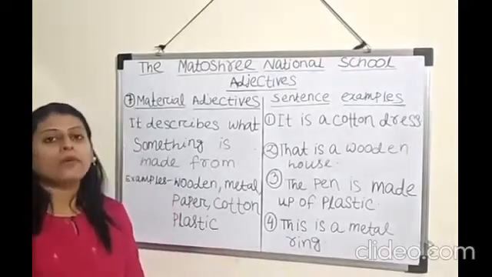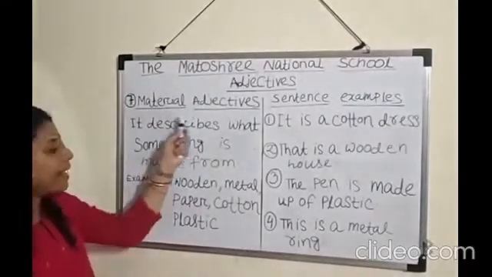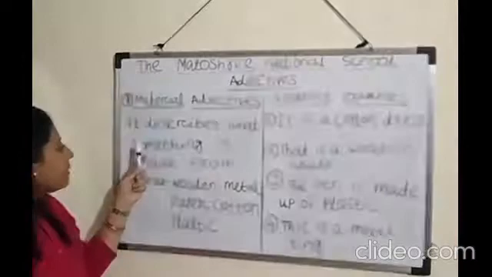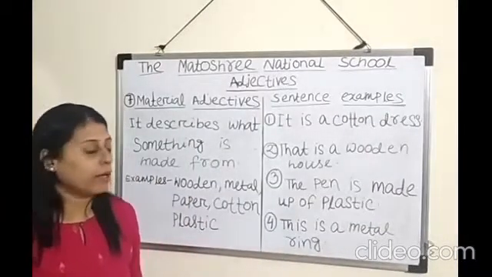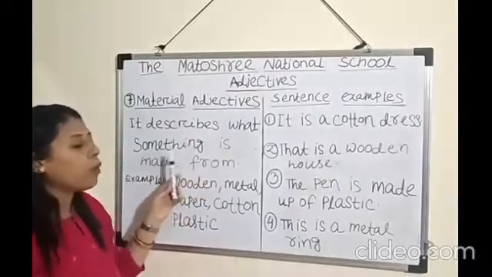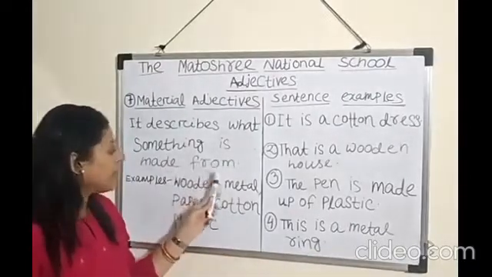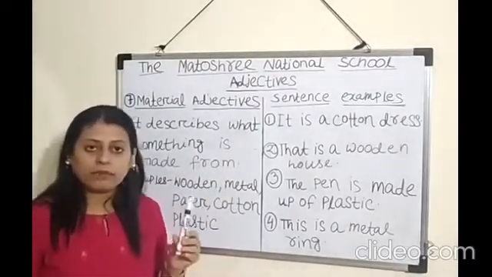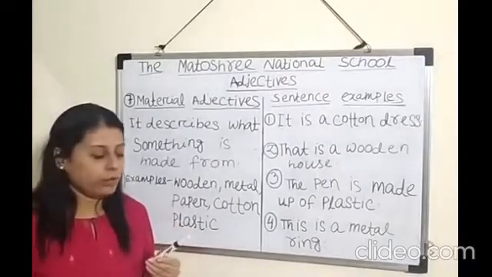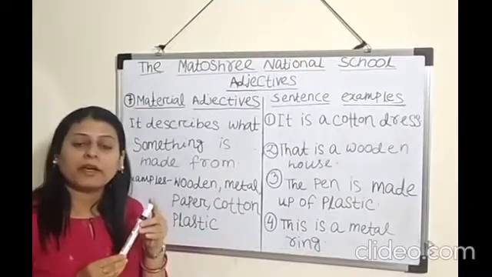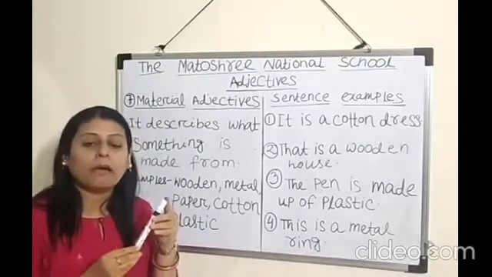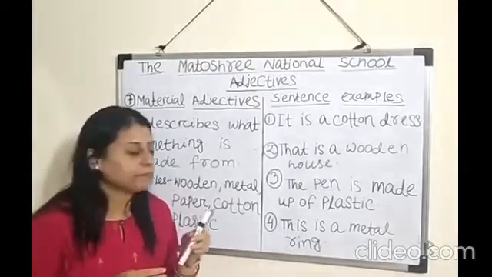Now we will learn about material adjectives. It describes what something is made from. Example, this is a pen in my hand. Which type of material is this? This is made up of plastic. So the material is plastic.